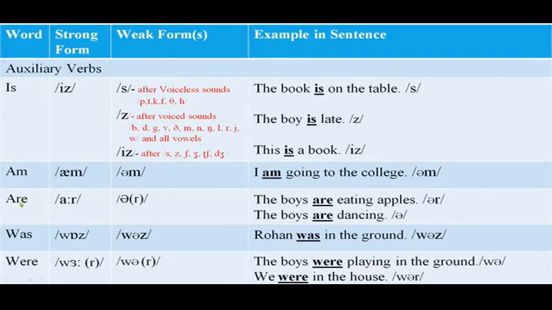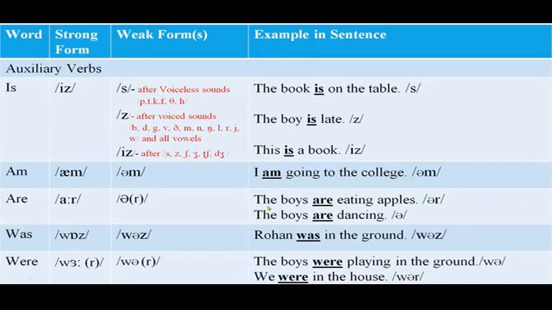The next word is 'are', which is pronounced as /ə(r)/ in its weaker form. As you can see, the r is kept in brackets over here, which means its pronunciation is optional. Please remember that in English, the sound r is pronounced only when it is followed by a vowel sound.